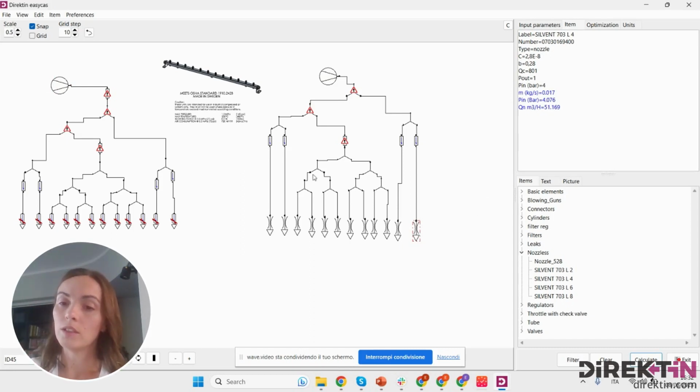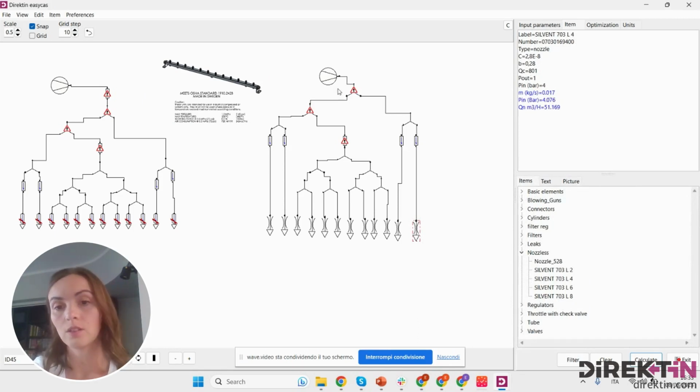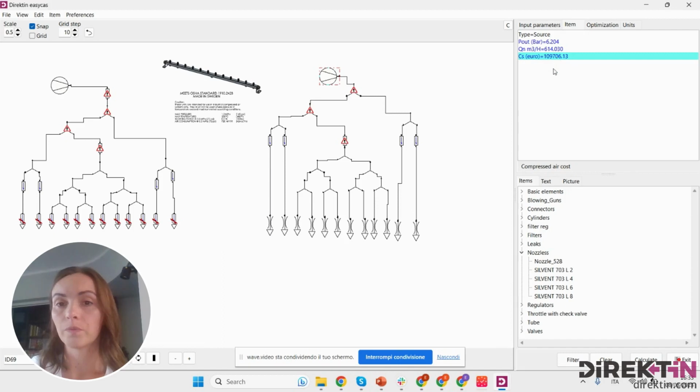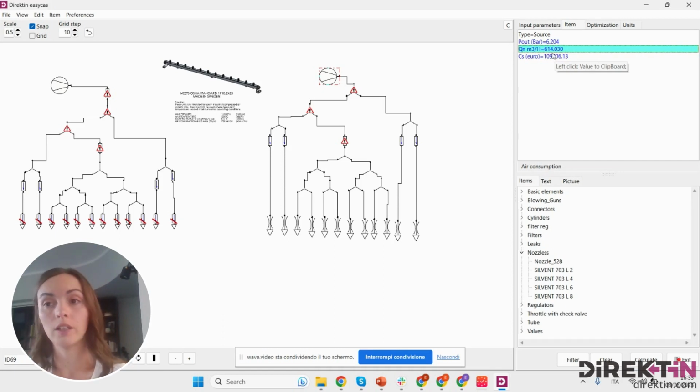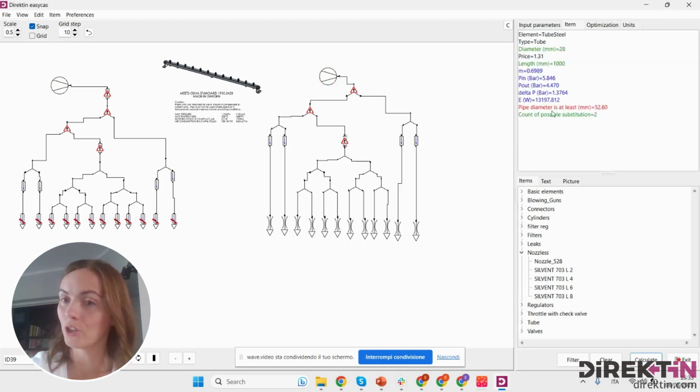However, when we need 4 bar at these nozzles, which is how it was projected, we should have about 10,000 Moroccan dirham of energy cost based on 600 cubic meters per hour, and the required pressure level has to be 6.2 bar.